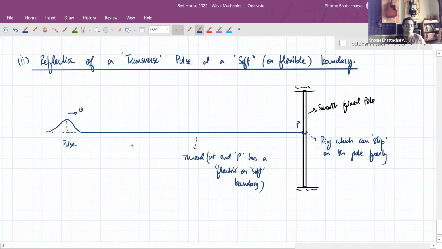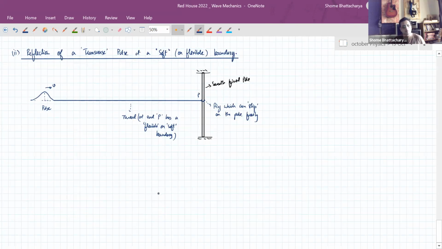Okay, so this time what will happen is that as the pulse comes to that point P, because the point P is attached to a ring which can slip freely on a pole, this is what will happen.